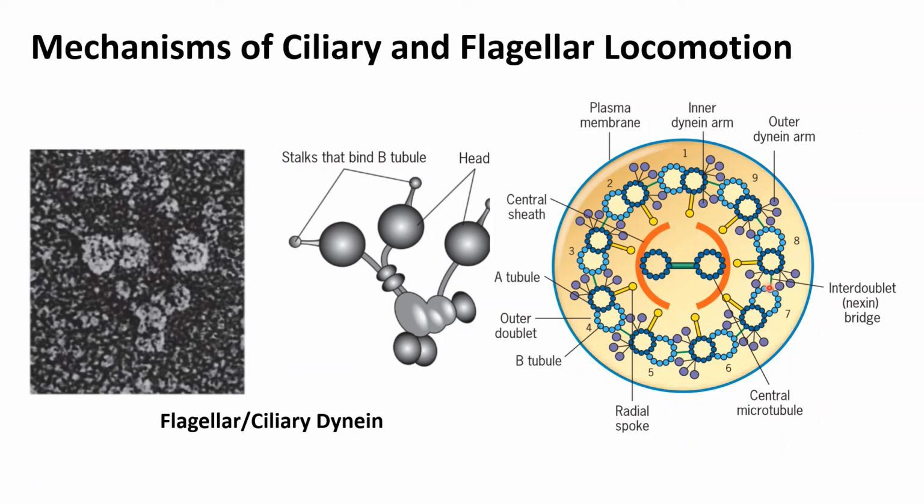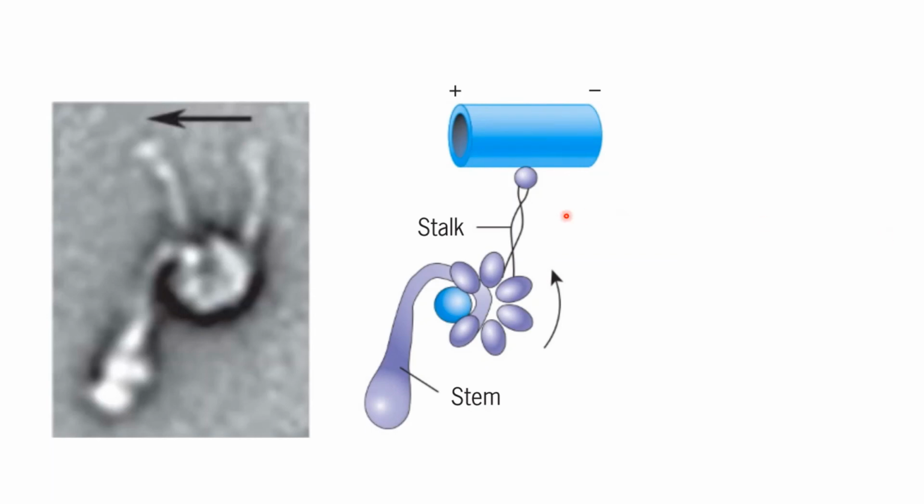Of course, we've seen them a while ago projecting from microtubule A of a doublet and touching microtubule B of another doublet. You can see it here in movement. This one is the B microtubule from another doublet, and this one is attached to the A microtubule of one doublet.